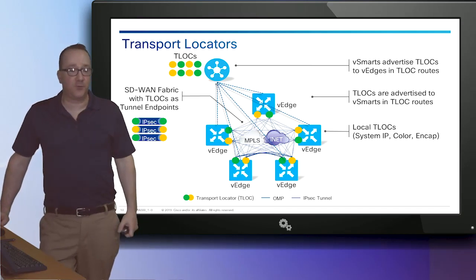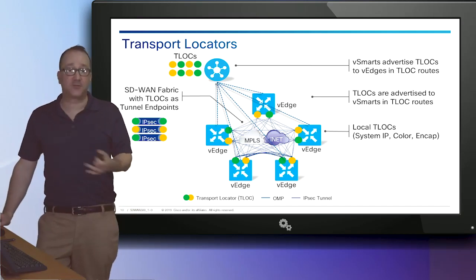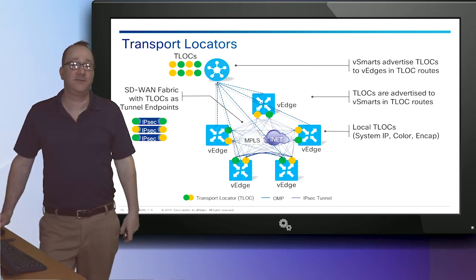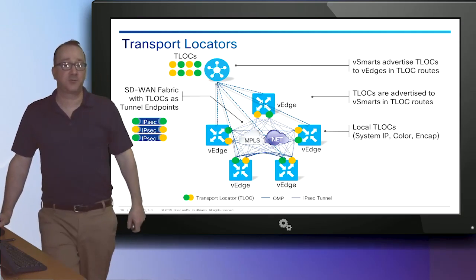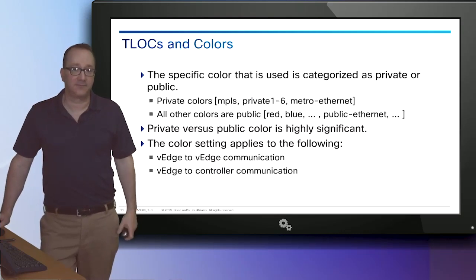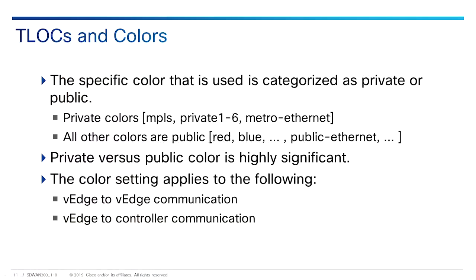This is a much simpler way to do it. Basically, all we have to do is create those edge connections, put all those edge connections into VPN 0, and then the vSmarts will create that full mesh connectivity for us without us having to do it ourselves. So we've talked about colors a couple of times. Let me go into them in a little more detail.